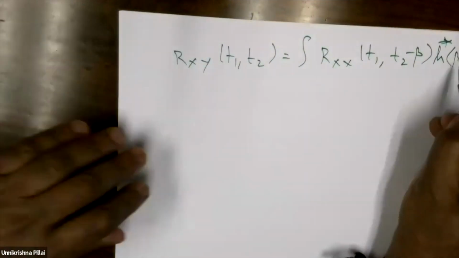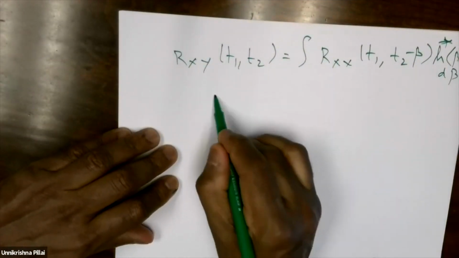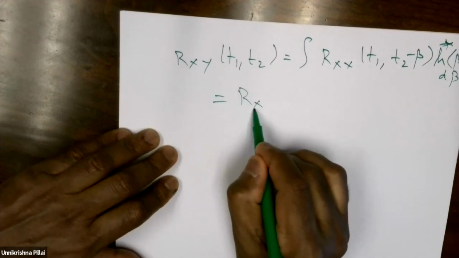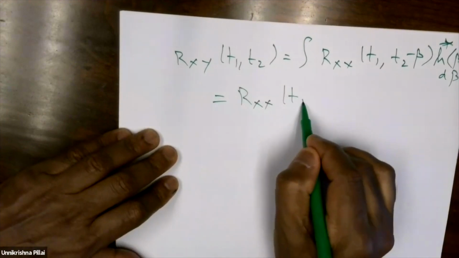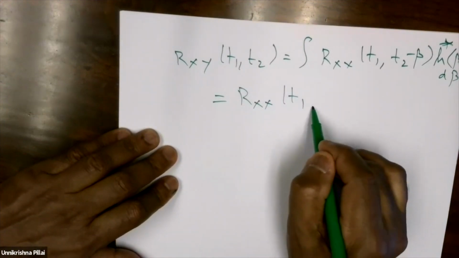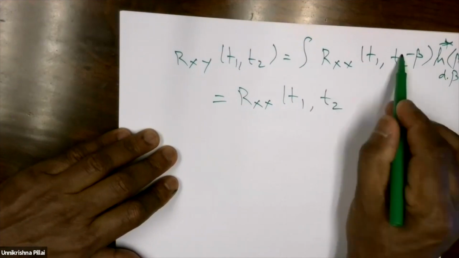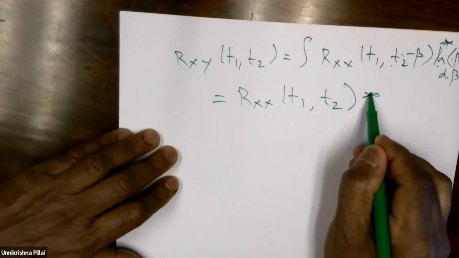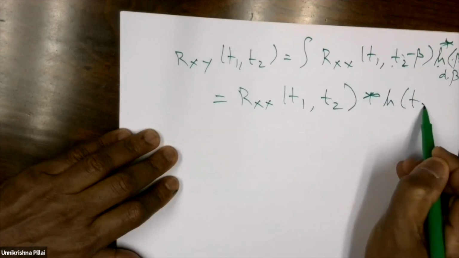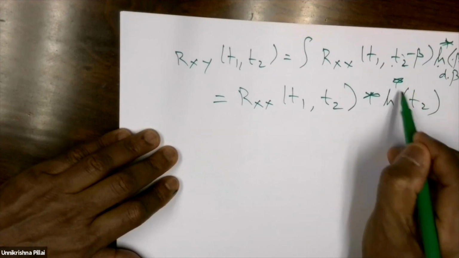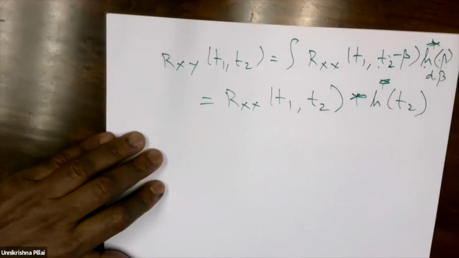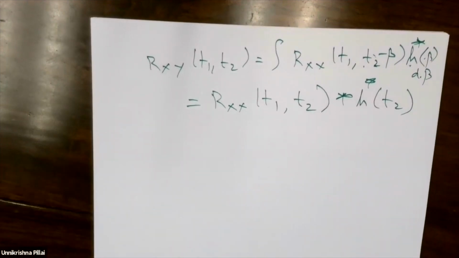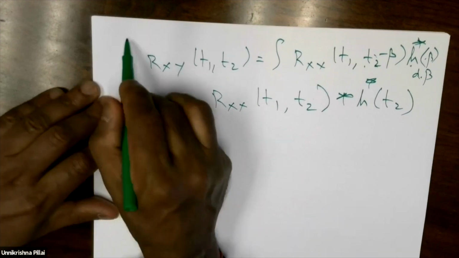Both the forms are fine. So if you want, I can write this as Rxx of t1 comma t2 convolved with h star of t2. Remember, this is a convolution, but on the second variable. So we write it like this, if you know how to read it. The convolution is on the second variable. So that's the answer. This is the cross correlation function.